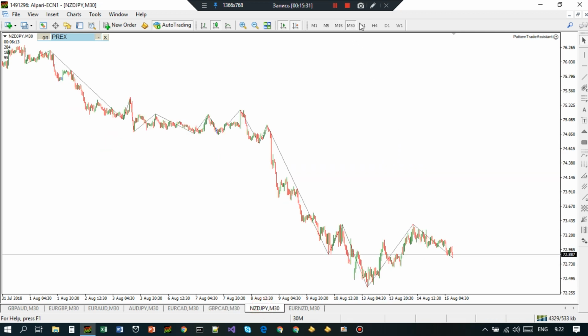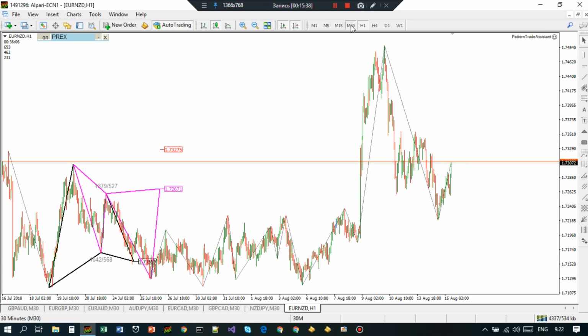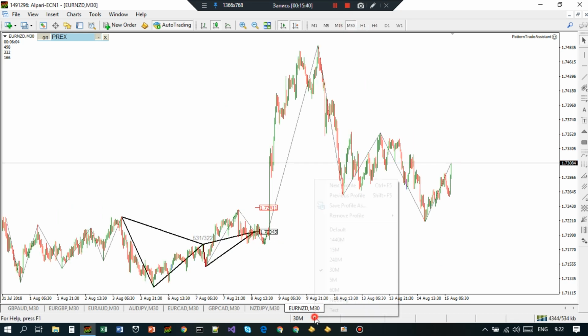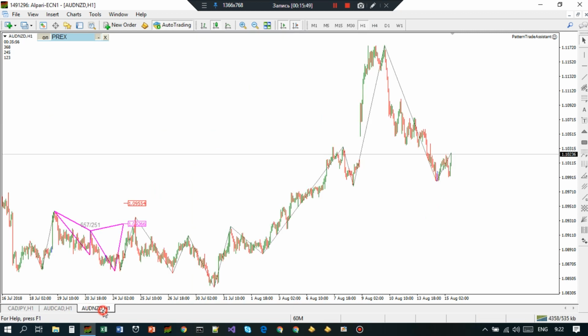New Zealand yen, 30 minute, 1 hour. Euro New Zealand, 30 minute, 1 hour. And now let us switch to the last group that is only traded on 60 minutes. So simply switch between them and we have nothing there. Okay, that's it for today.